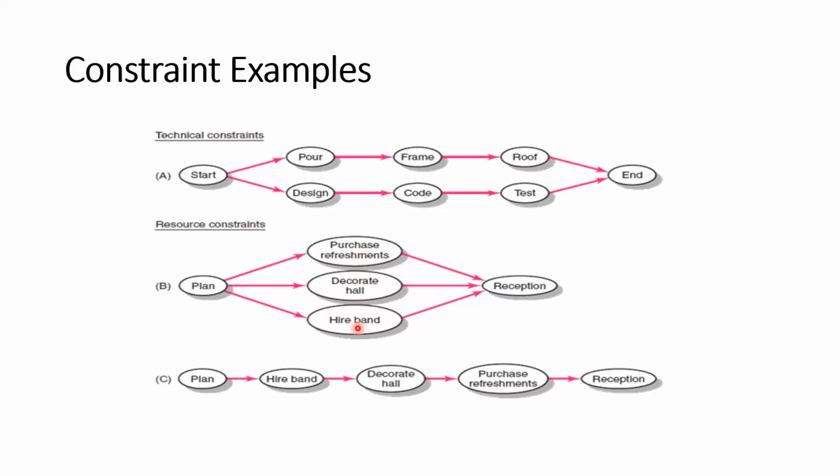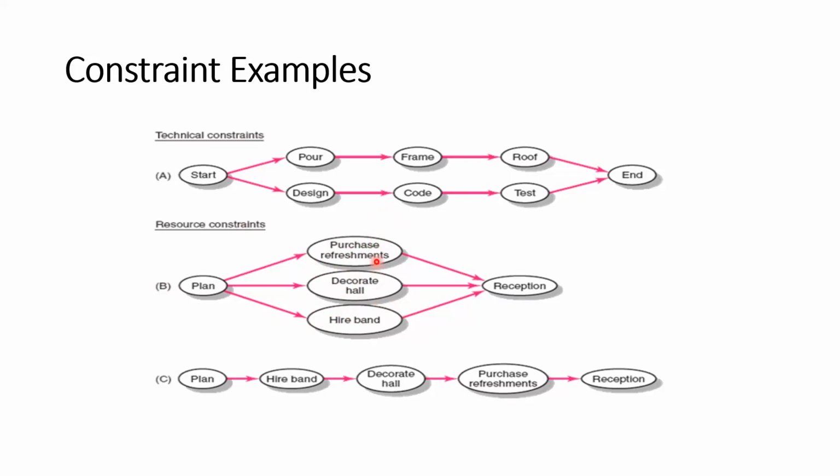Those three activities can actually be done in a parallel manner. We can purchase the refreshments, decorate the hall, and hire the band. There is a couple who is going to get married next year, and they have selected a hotel, and that hotel has to do all these activities in parallel.